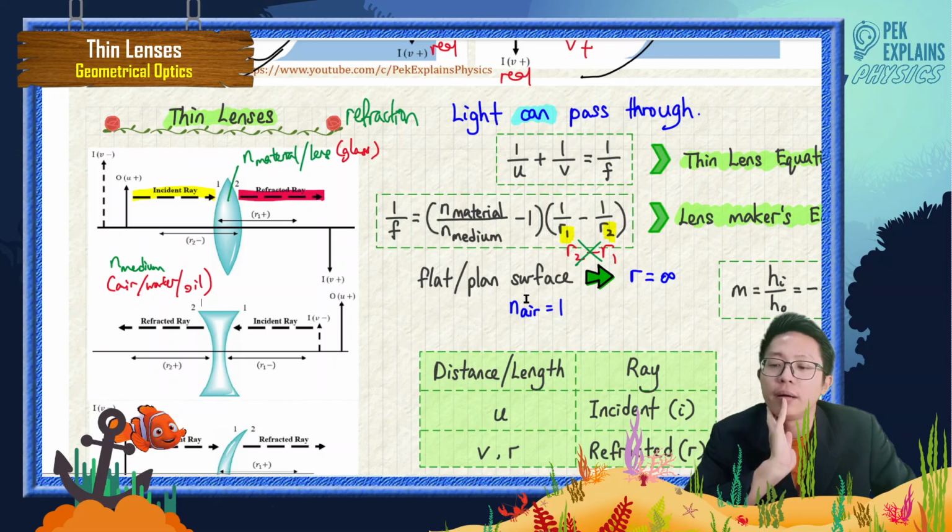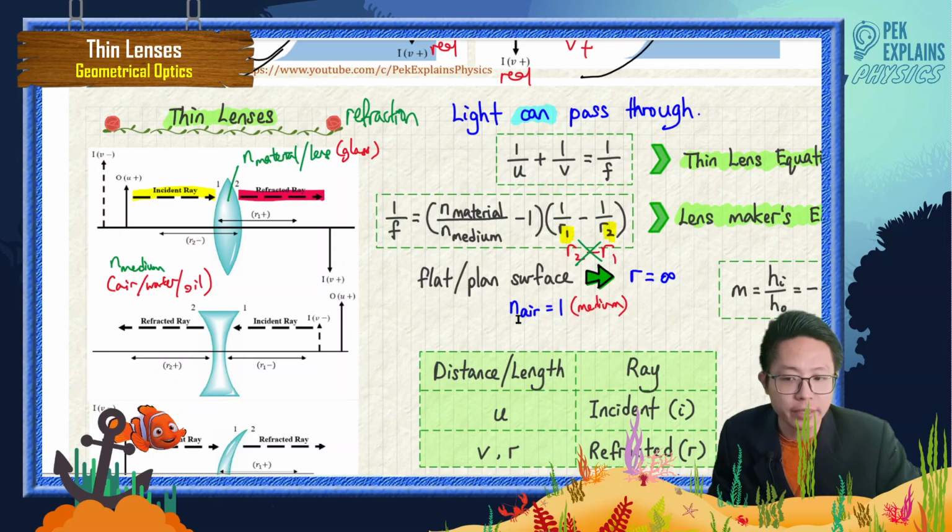Now, if the outside medium is air, if the refractive index for the medium is air, then this value is equal to 1.